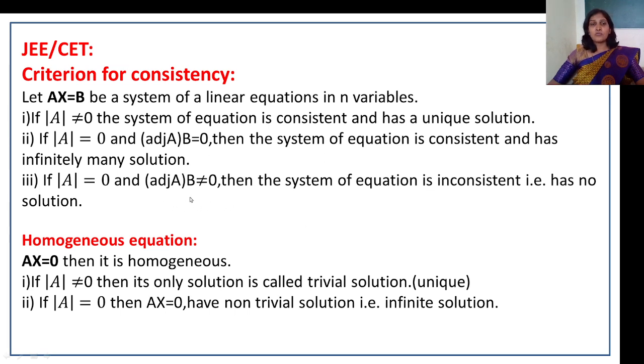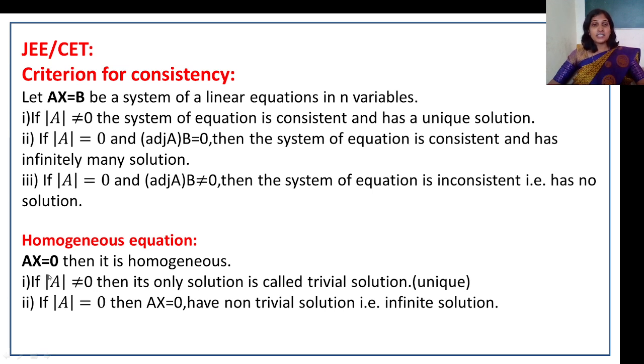These 3 points are very important point. Just you have to find determinant of A and adjoint of A, and find out these two values. Just observing these two values, you will get if it has a solution or not. Then next, homogeneous equation. Homogeneous equation, that means here is 0, that is Ax is equal to 0. This is homogeneous equation.